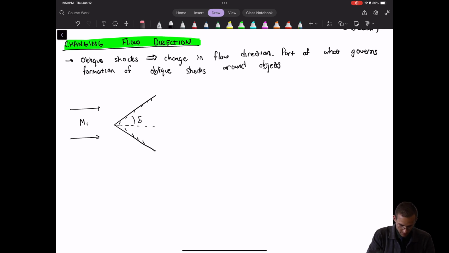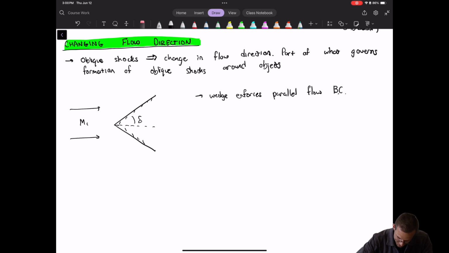Essentially, what the wedge wall does is it enforces a parallel flow boundary condition.